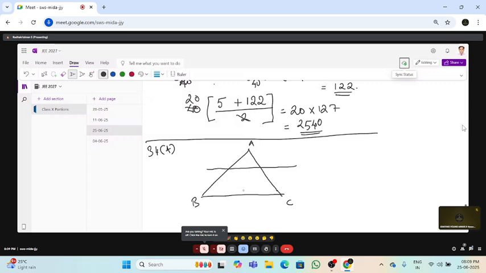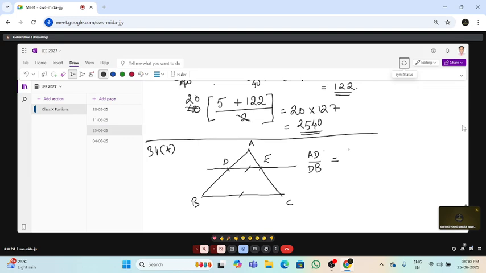Now, what we have to prove is that the other two sides are divided in the same ratio. That means AD, so let us say this side is divided in what ratio? AD by DB. And this side is divided in the ratio AE by EC.